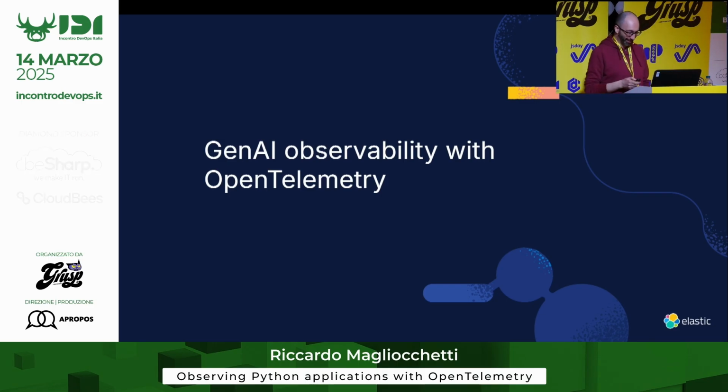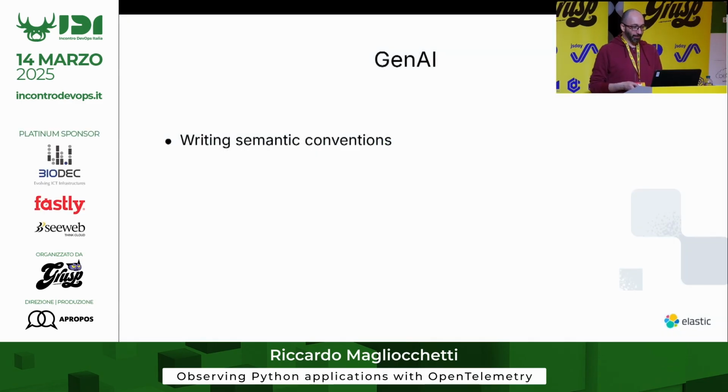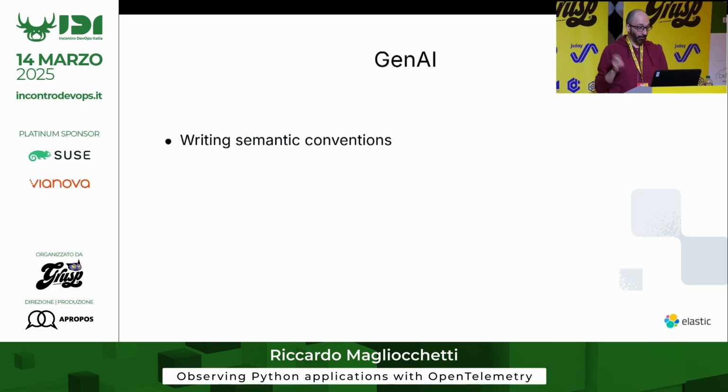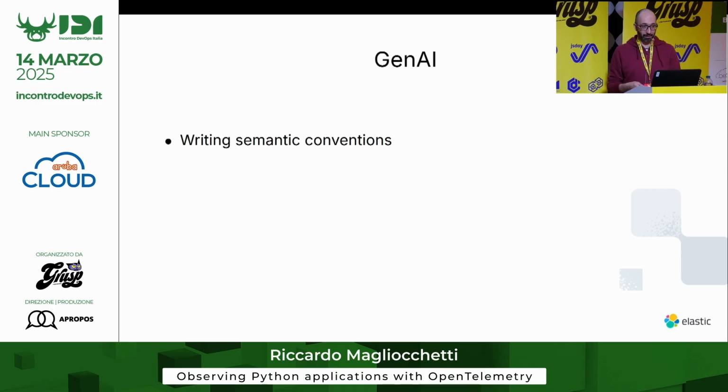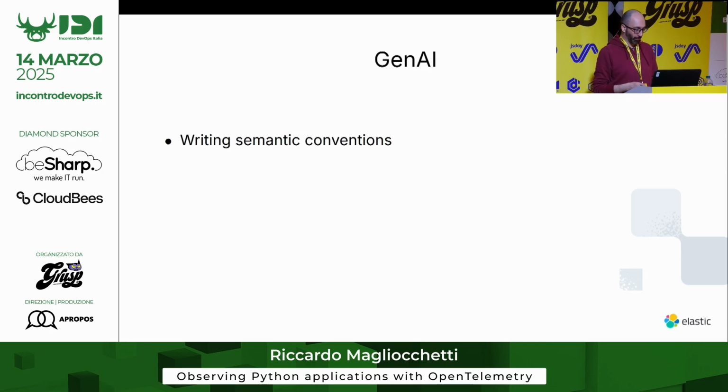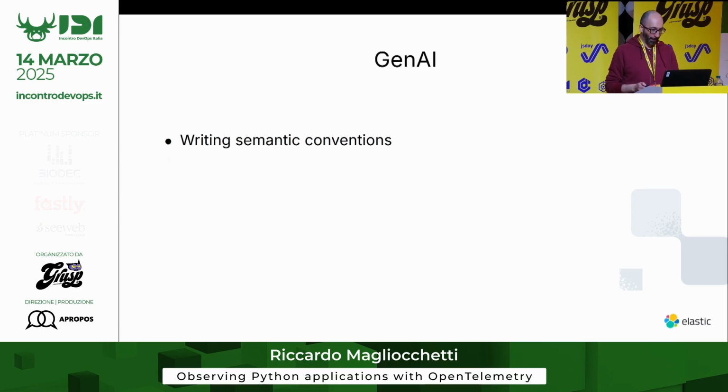Okay, nice. So there are two kinds of work we are doing in OpenTelemetry regarding GenAI. The first one is writing semantic conventions. Semantic conventions are specifications of what the output of tracing, metrics, and events should be, so it's just writing specs.